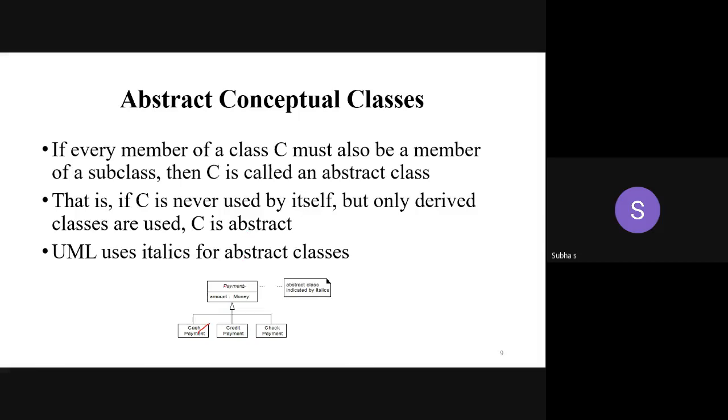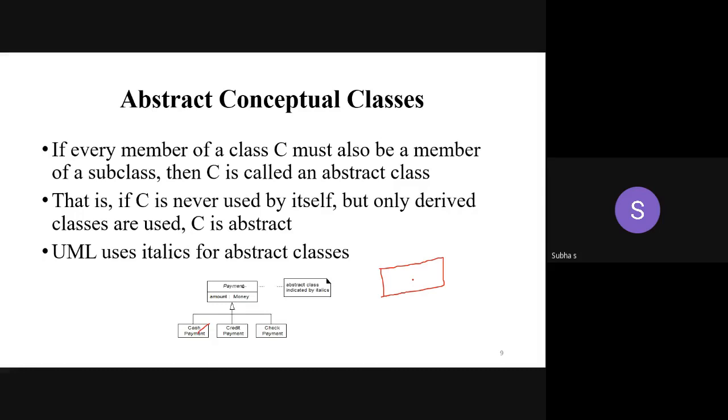Always you have to denote the abstract class in italics. Instead of just writing the class name, if you mention that name in italics, then it denotes an abstract class. As said earlier, all the notations are very, very important. Each and every symbol gives a very large meaning. I used one symbol called slash in the last session. The slash symbol denotes what? Derived attribute.